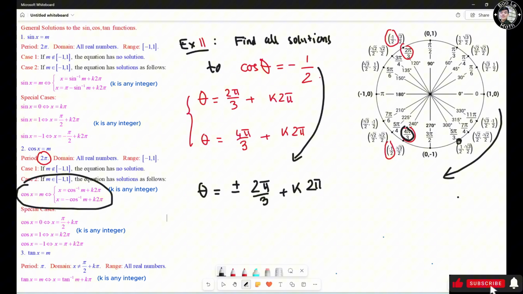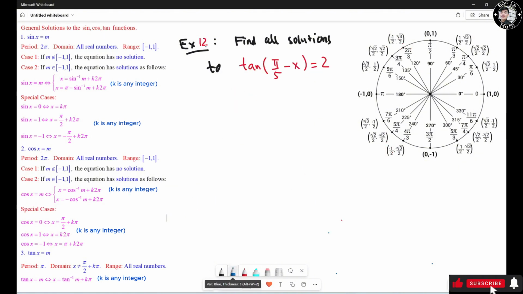Negative pi over 3 right here and negative 2 pi over 3 right here. So this formula can be written as s equals plus and minus cosine inverse of m plus k 2 pi. So I just basically use this formula right here.